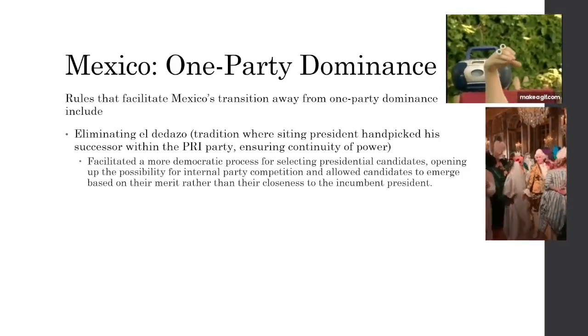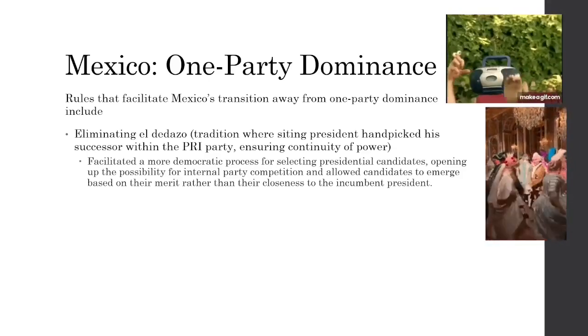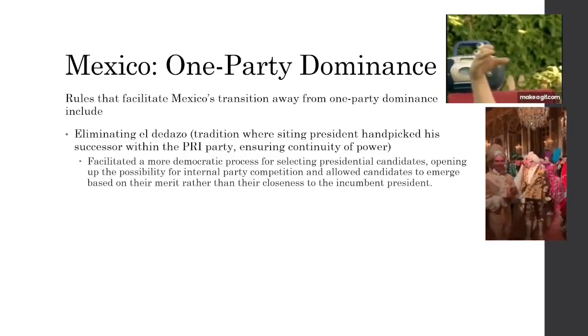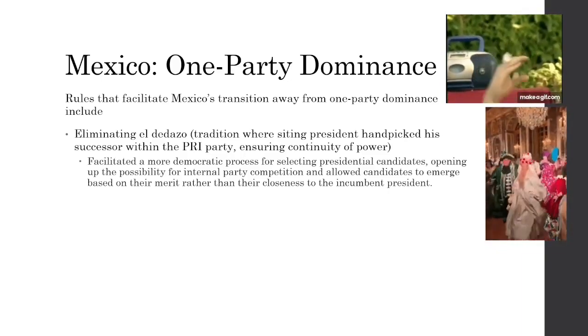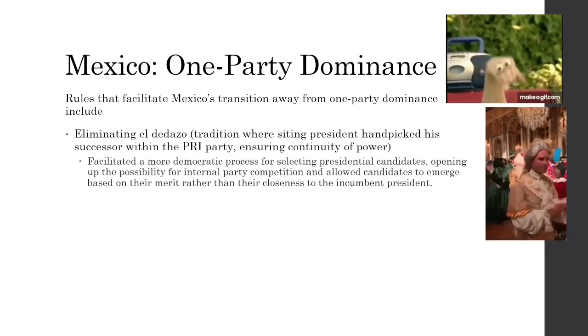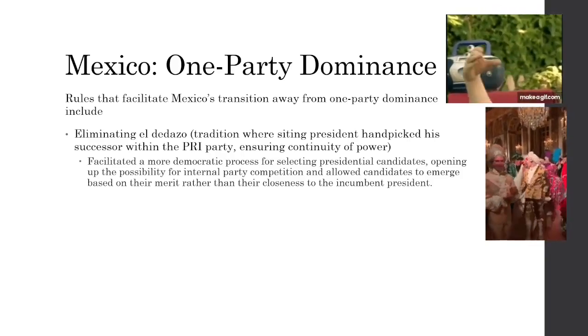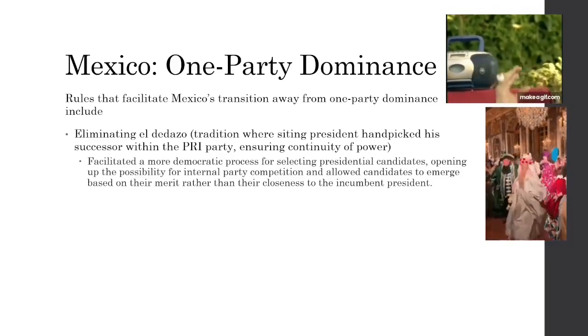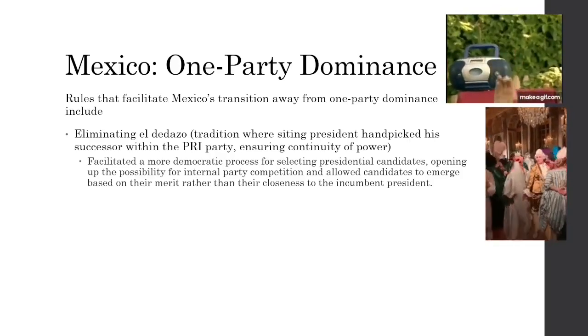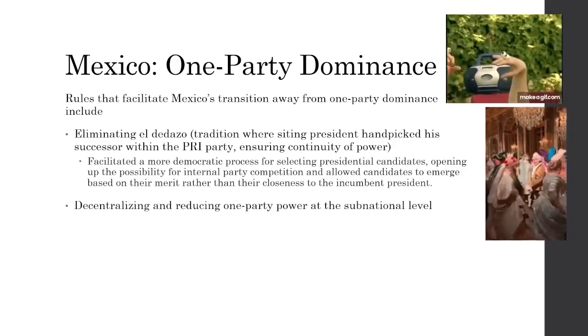When we eliminate someone just picking their successor and we put in elections, obviously it's more democratic. And we're opening more competition, more opposition, more voices, more parties, more candidates, and they're going to emerge on merit and their ideals and popularity rather than their friendliness and family and closeness to the actual president. It's not about who you know as much anymore.